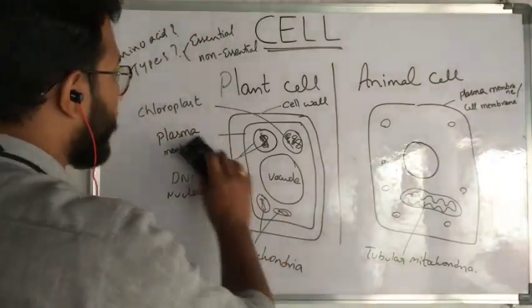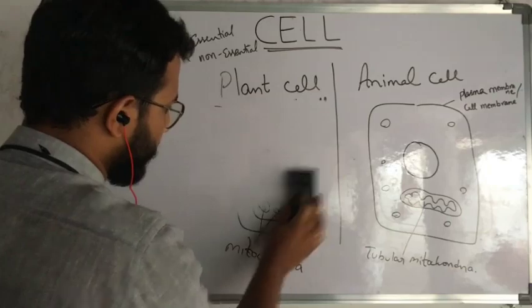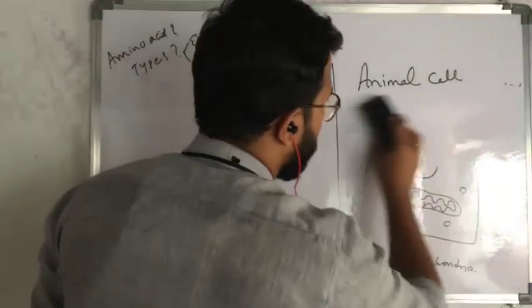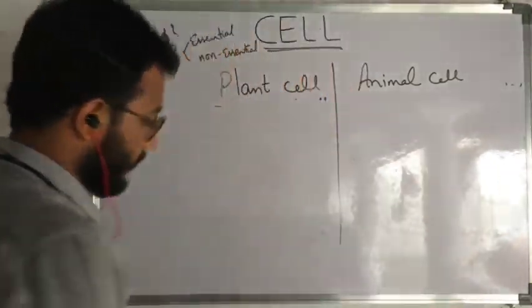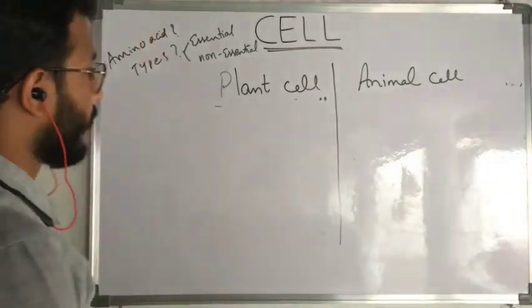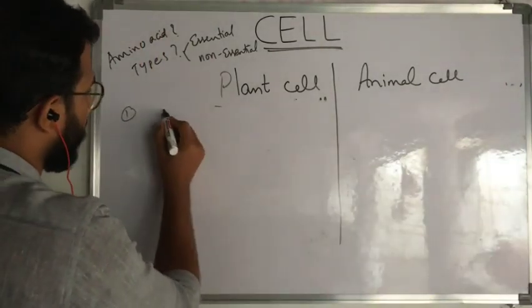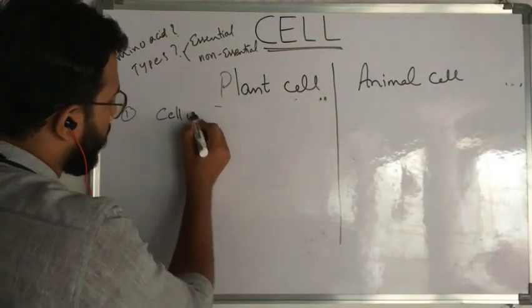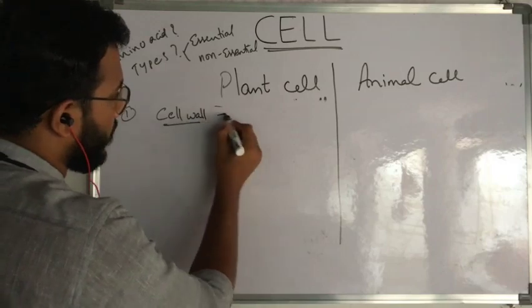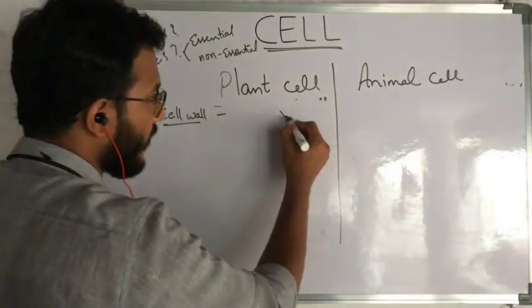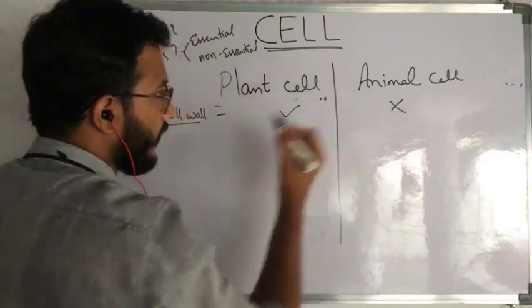So this is diagrammatically, and we will write some points here. First of all, cell wall. Cell wall is present here and absent here.